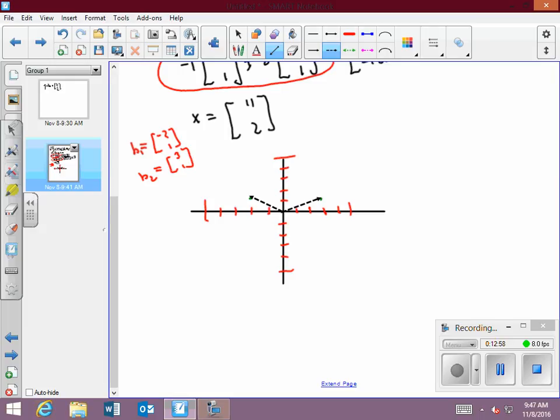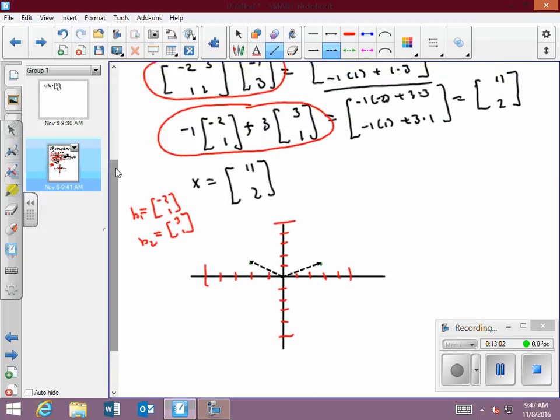And then if you put the weights, if you put this weight on that vector, this is B1 vector, this is B2 vector.